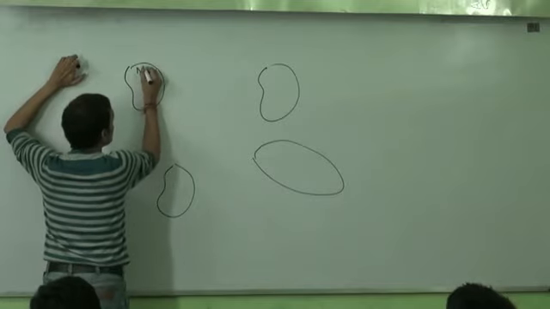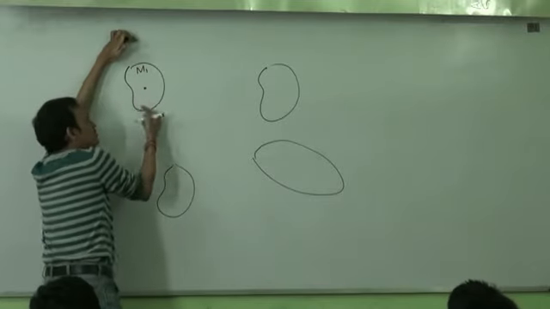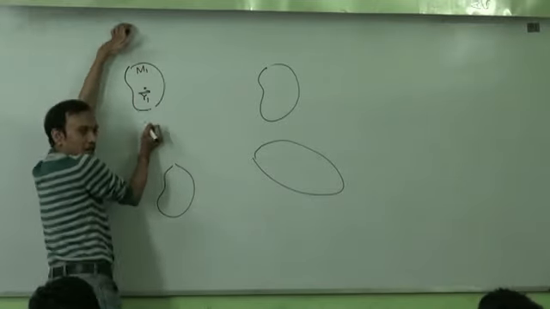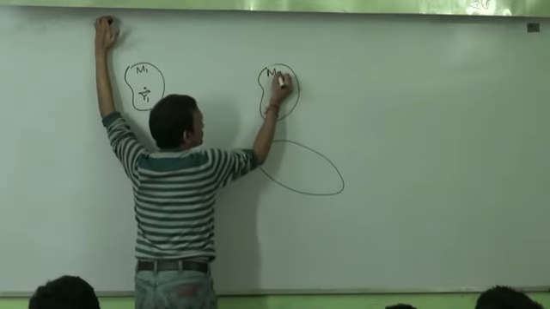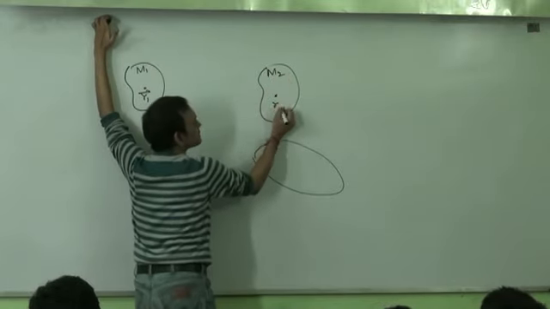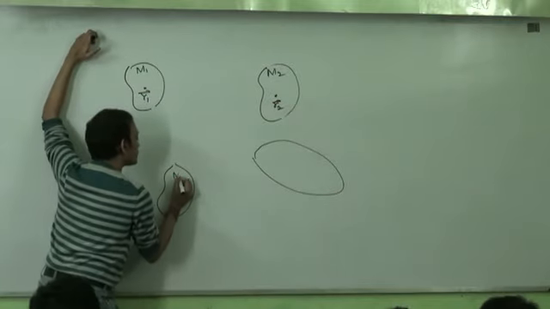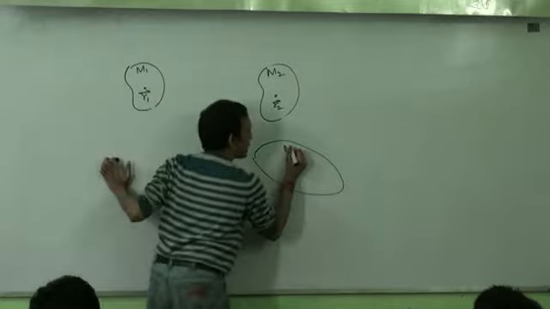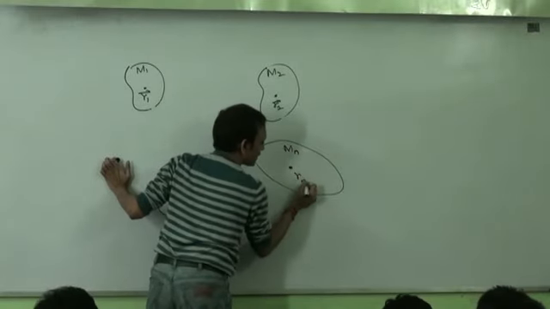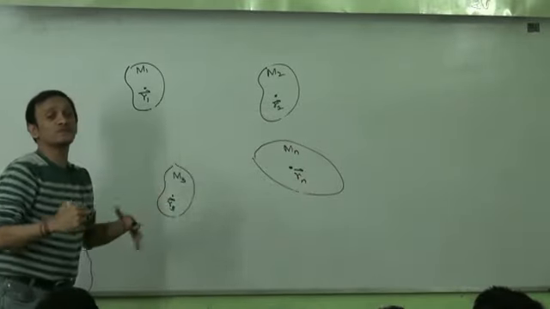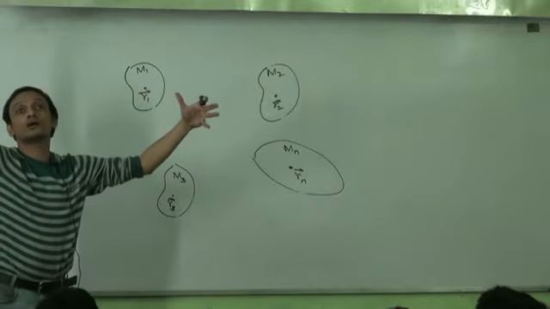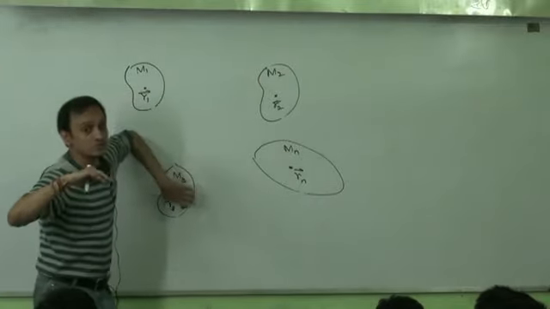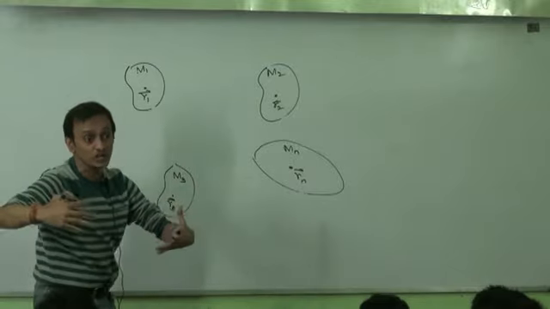And if the mass of this is m1, and this continuous system would have its center of mass, let's say, at r1. This is another continuous system, and the center of mass of this would be at some r2. This is m3, its center of mass is at r3, and let's say this is some mn, and its center of mass is at rn. Did I not tell you that this system of continuous systems placed discretely would have its own center of mass?